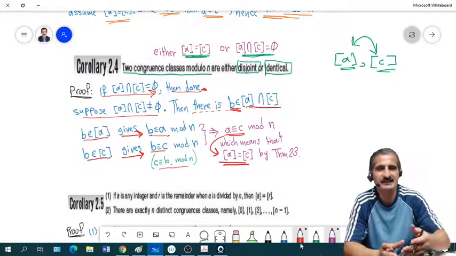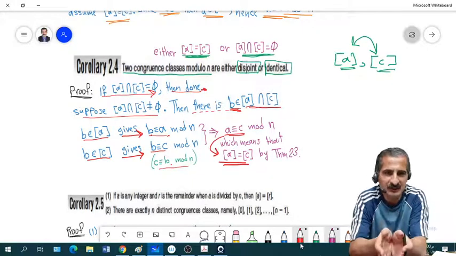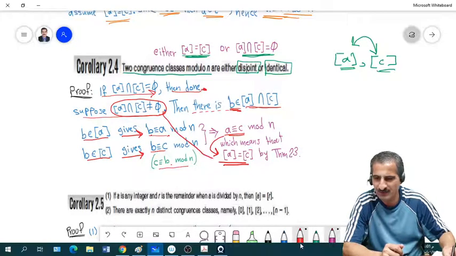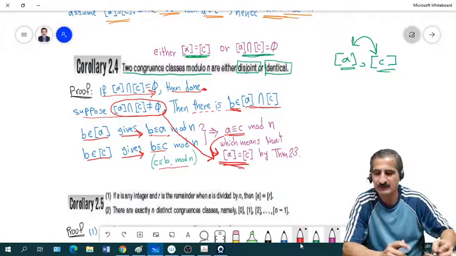We just said that statement. If two elements are congruent, then they have the same equivalence class. So good. What did we assume here? We assumed that they are not disjoint, and we proved then they are equal. Good.